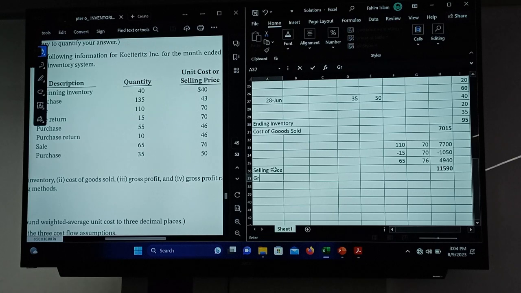And how do we determine gross profit? Gross profit equals our selling price minus the cost of goods sold. That is our answer.